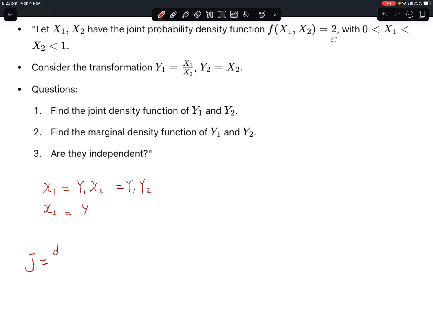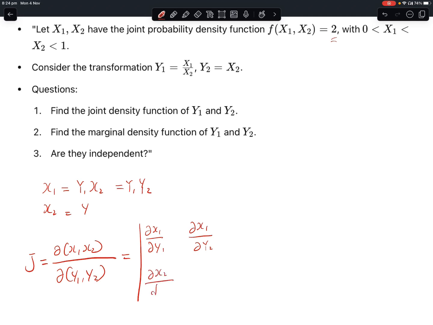It is the partial of (X1, X2) with respect to (Y1, Y2), the absolute value of the matrix: partial X1 over partial Y1, partial X1 over partial Y2, partial X2 over partial Y1, partial X2 over partial Y2.